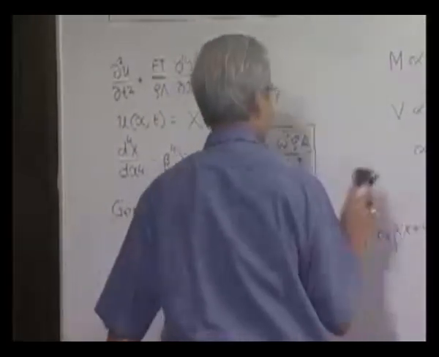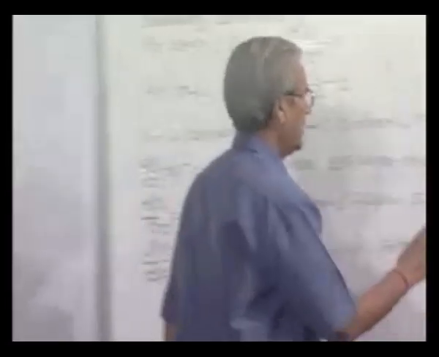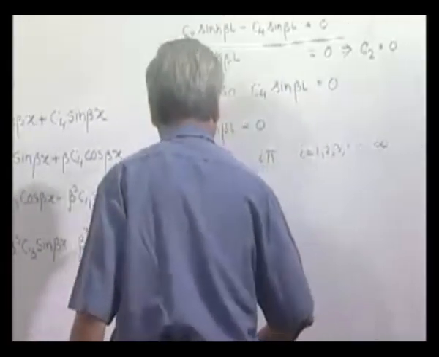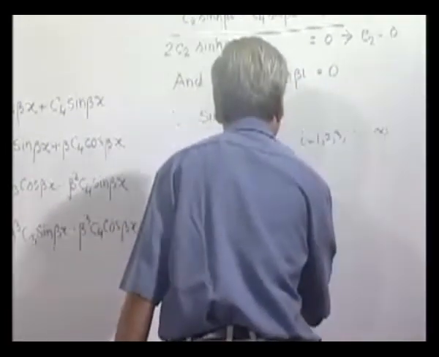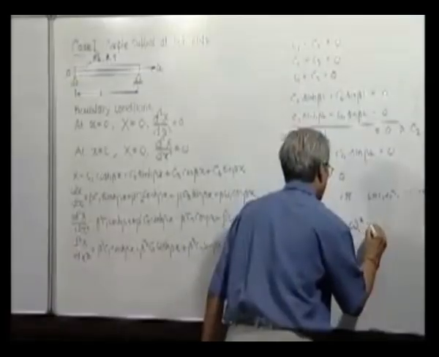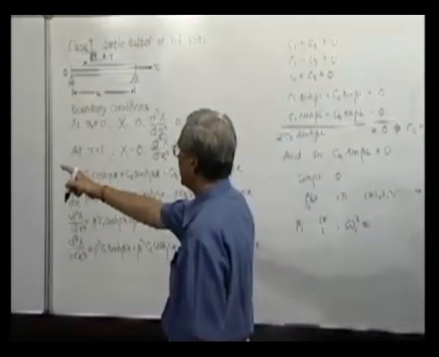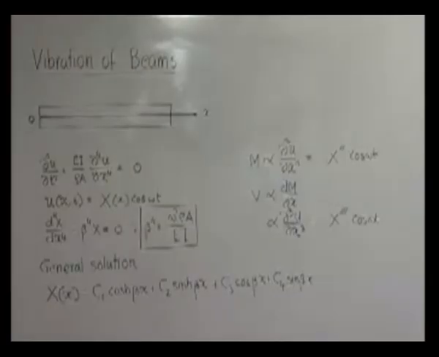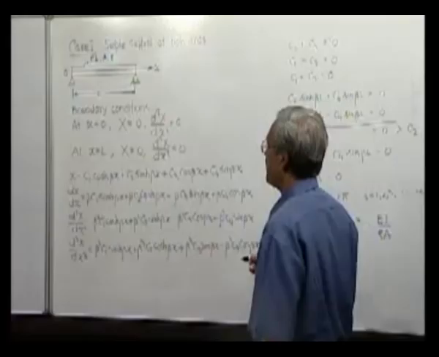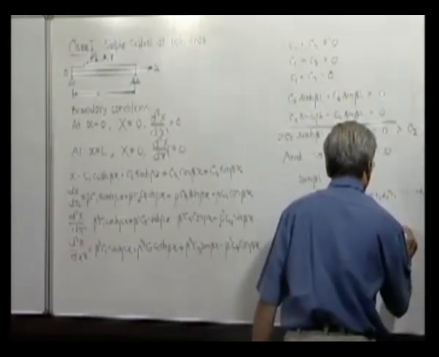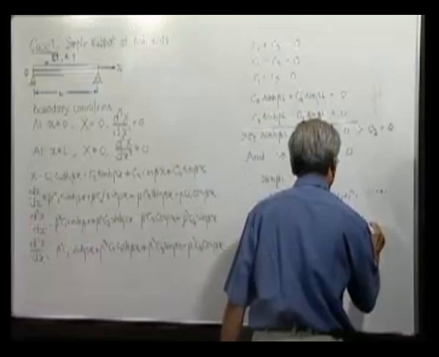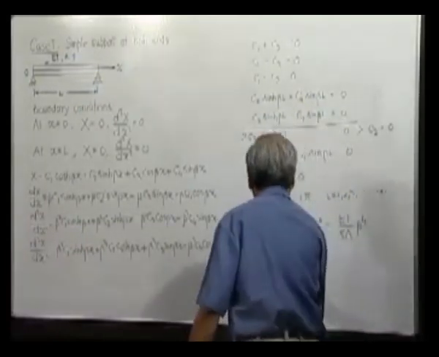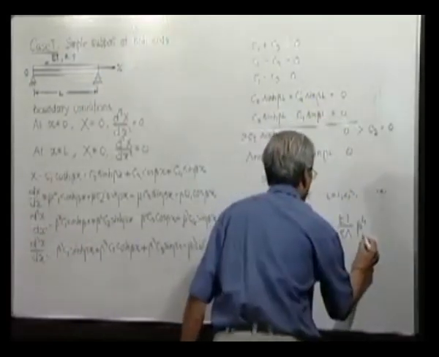So if we know the beta I, now we know that omega I square is equal to EI by rho A into beta to the power 4, so beta I to the power 4.